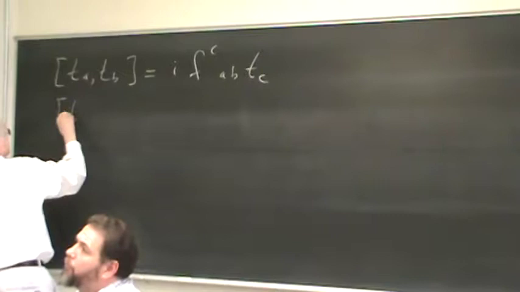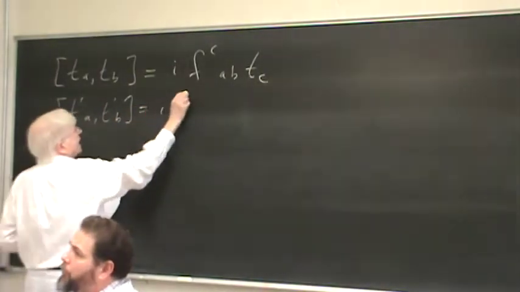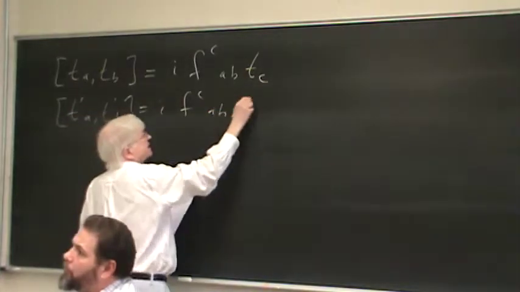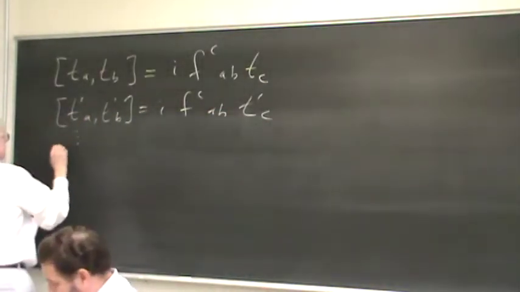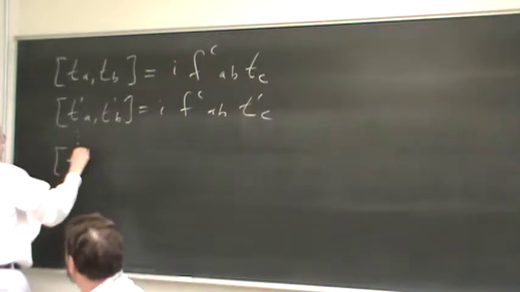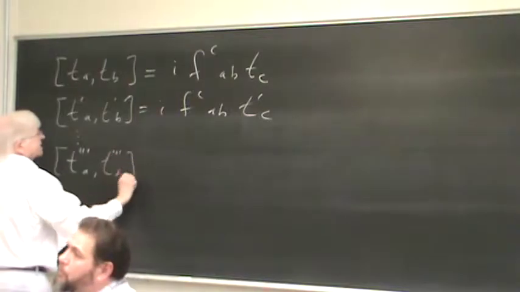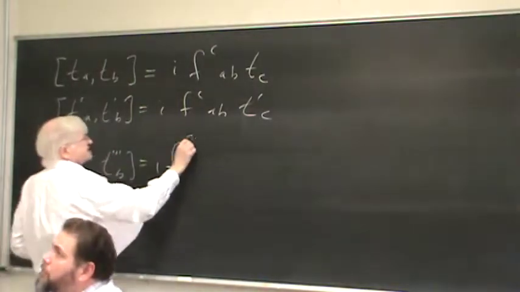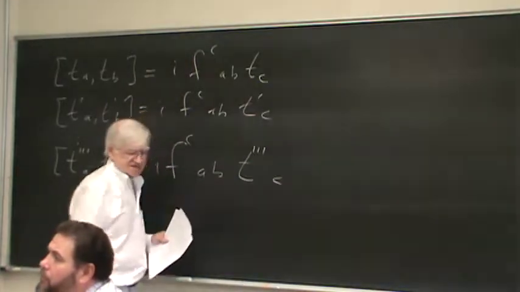And then, for example, [T prime A, T prime B] equals i F^C_AB T prime C, and you could go on indefinitely, [T triple prime A, T triple prime B] equals i F^C_AB T triple prime C.